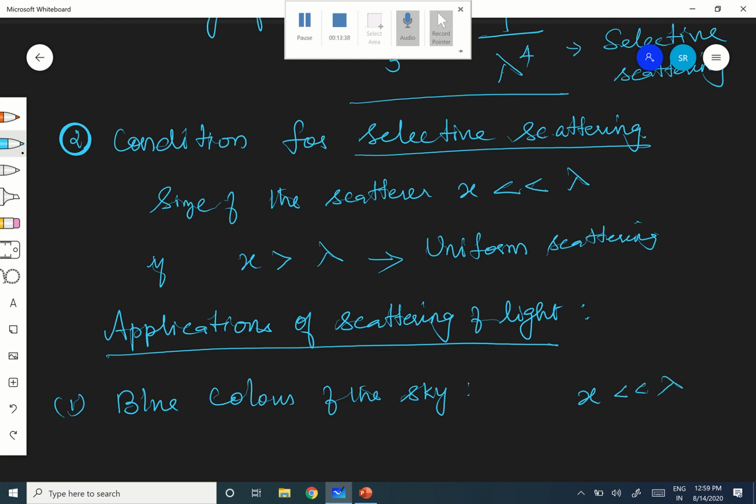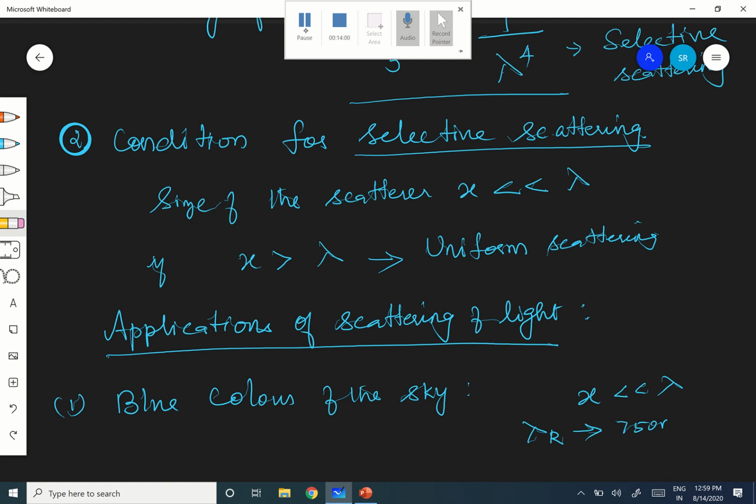I am talking about visible light. In visible light, the maximum wavelength is red, around 750 nanometer, though there is a range, up to a maximum of 750 nanometer.